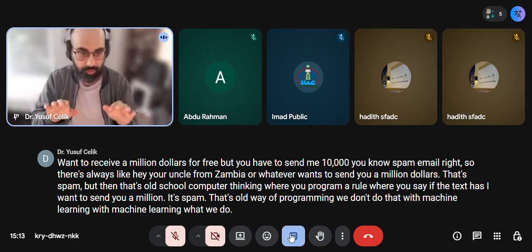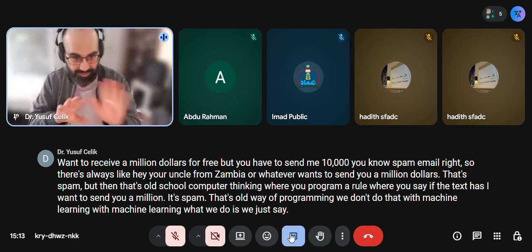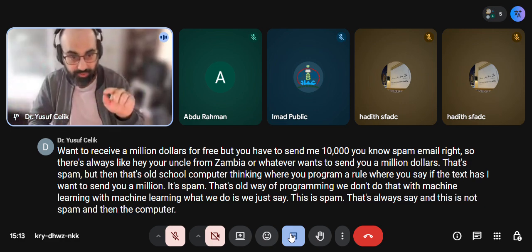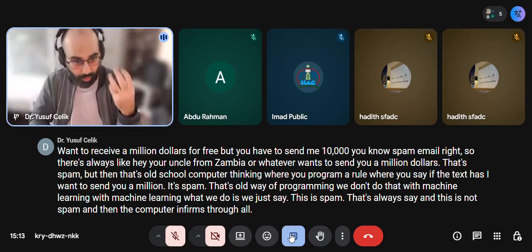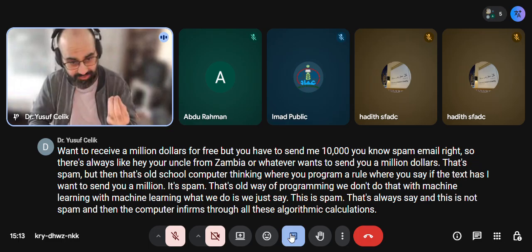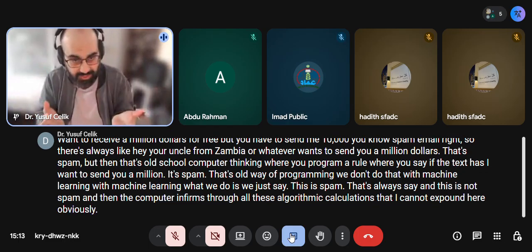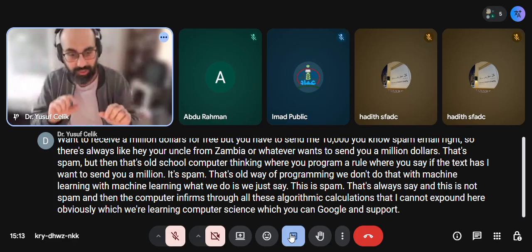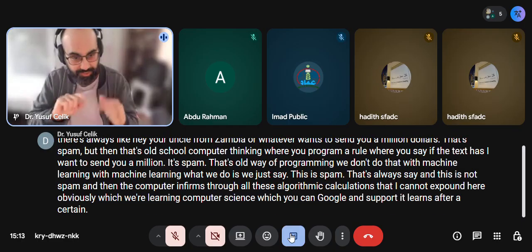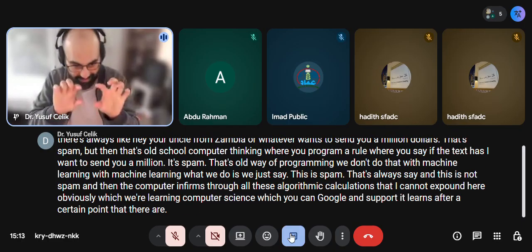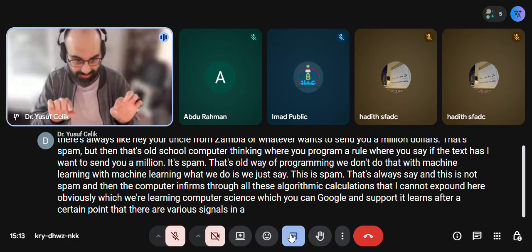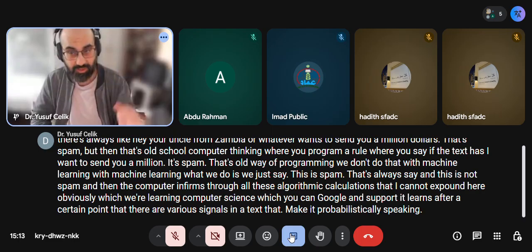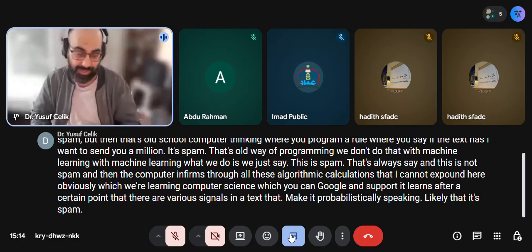With machine learning, what we do is we just say, this is spam. That's all we say. And this is not spam. And then the computer infers through all these algorithmic calculations that I cannot expound here, obviously, which you learn in computer science, which you can Google and so forth. It learns after a certain point that there are various signals in a text that make it, probabilistically speaking, likely that it's spam.